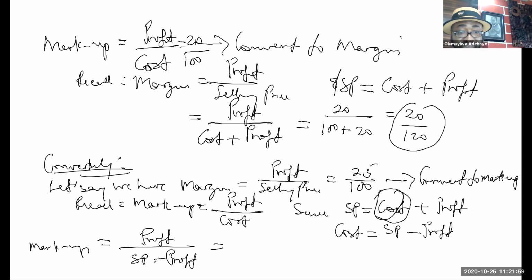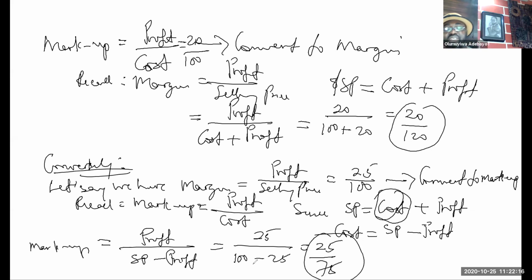At the end of the day, I now have profit over cost, which means, remember, what is my profit? 25%. What is my selling price? 100%. What is my profit? 25, which means it gives me 25 over what? 75. This is the conversion.